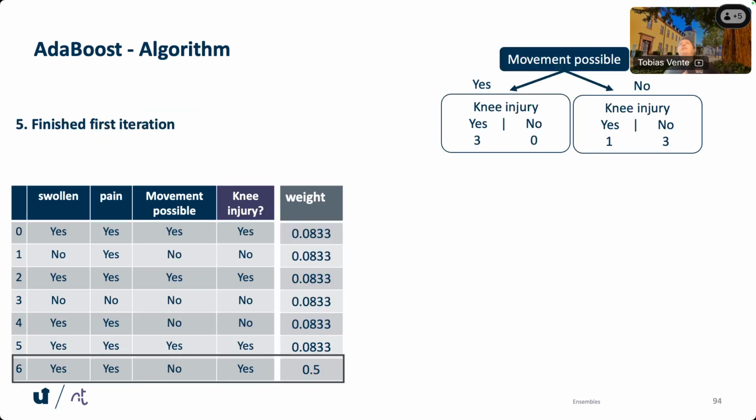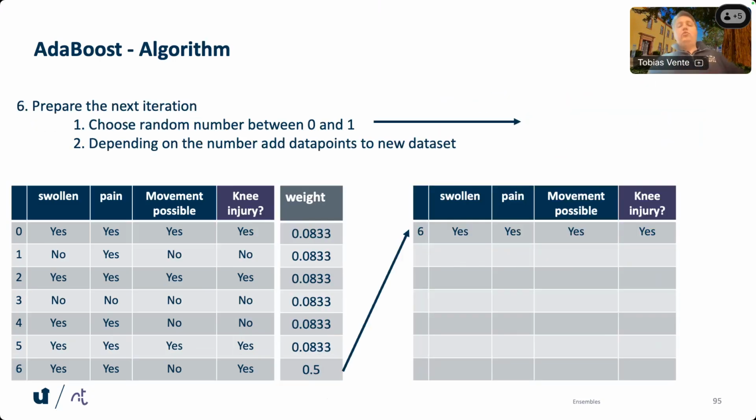Can you remember when we inserted these red thresholds in the age feature of random forest? These were all the possible thresholds that we have. Now, to really apply the weight to one data point, you sample the data out of your data points based on the weights.